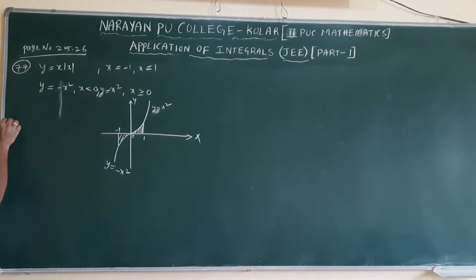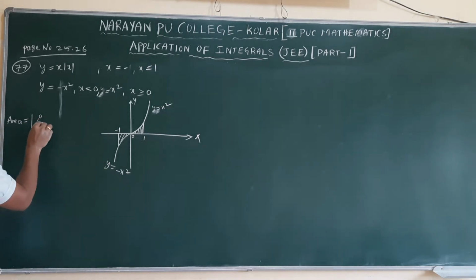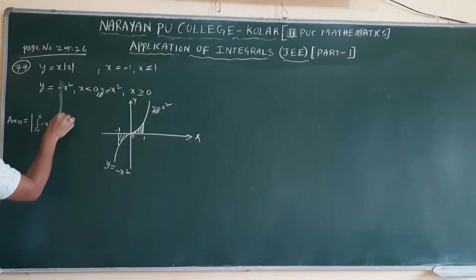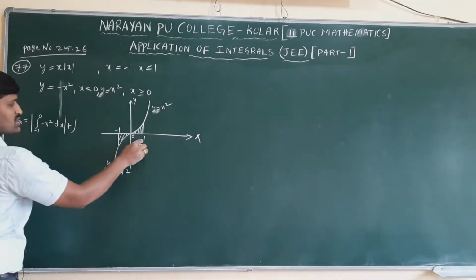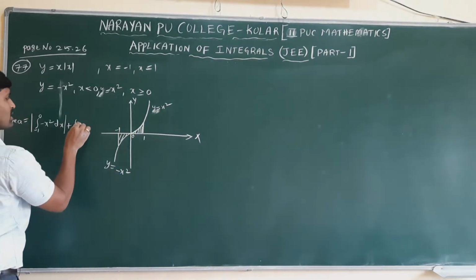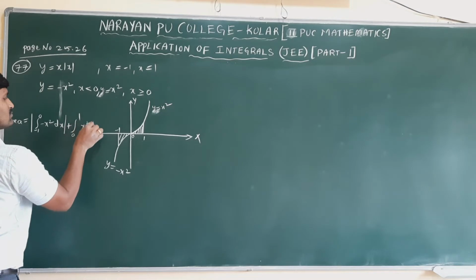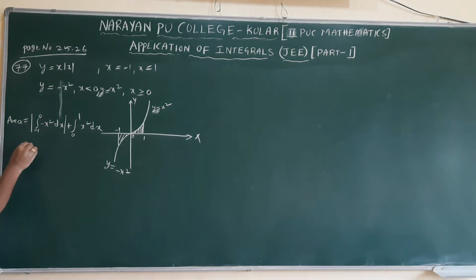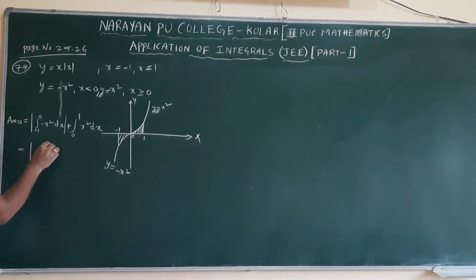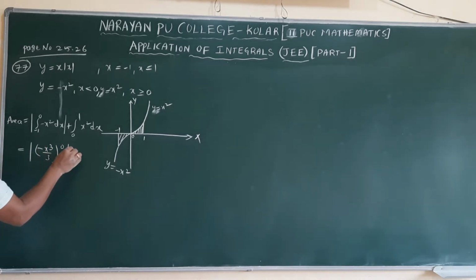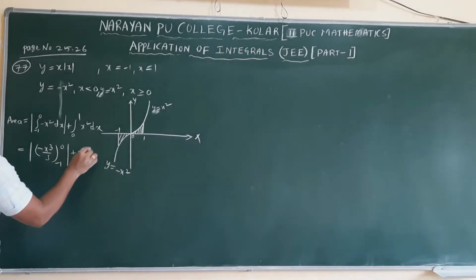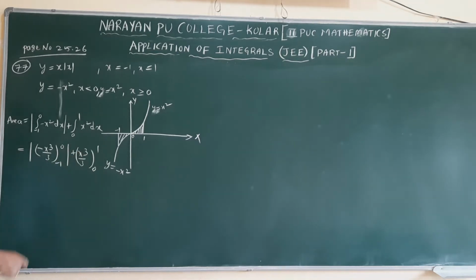That's why the area equals the modulus of the integral from minus 1 to 0 of minus x square dx, plus the integral from 0 to 1 of x square dx. The integral of minus x square is minus x cube by 3 from minus 1 to 0, plus x cube by 3 from 0 to 1.